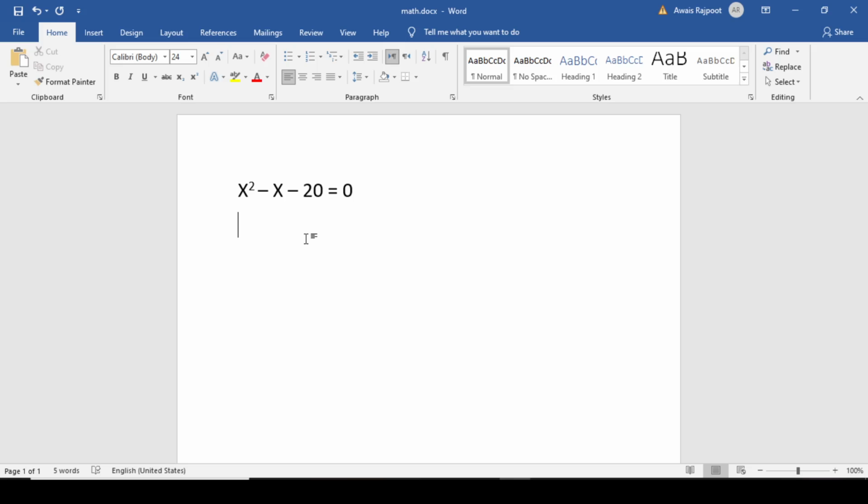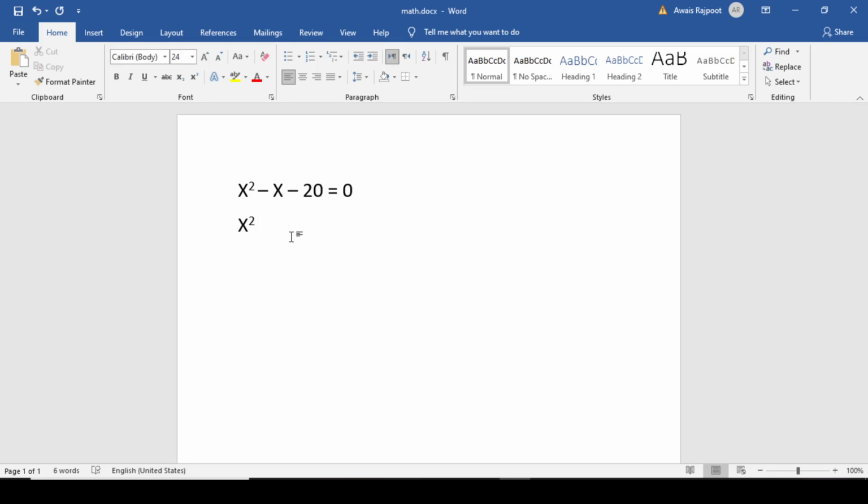First, we convert the middle part: convert minus x into two parts. Four multiplied by 5 is 20.